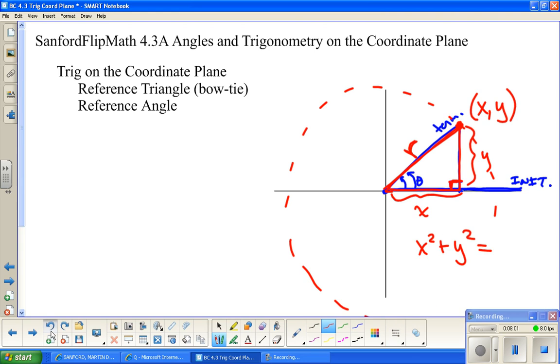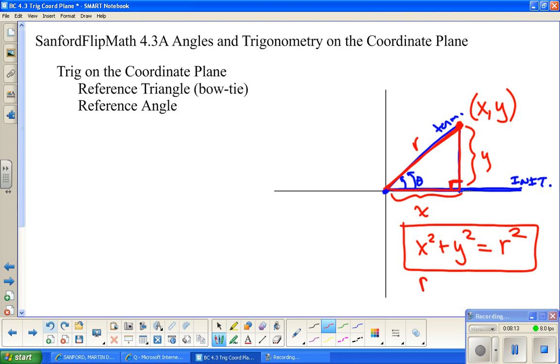So this is r, and we'll call this r squared. You're very familiar with this relationship, the Pythagorean theorem, so if it's a right triangle, and it is. Now here's the catch.